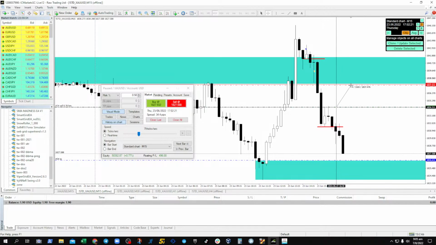Stop loss is 30 pip. 2 hour. I'll say clear, bearish.